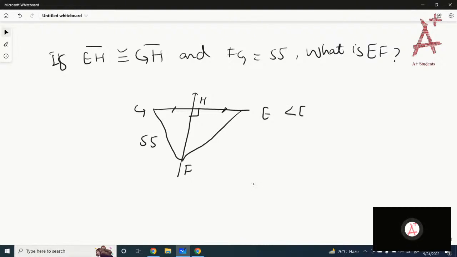So the angle EHF is a right angle, and we know that EH is congruent to GH. That means both of them have the same side lengths. So this FH is the perpendicular bisector on EG.